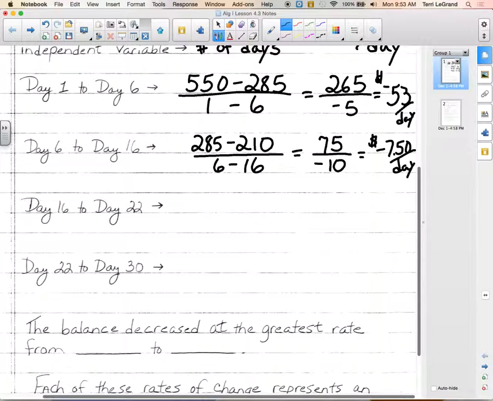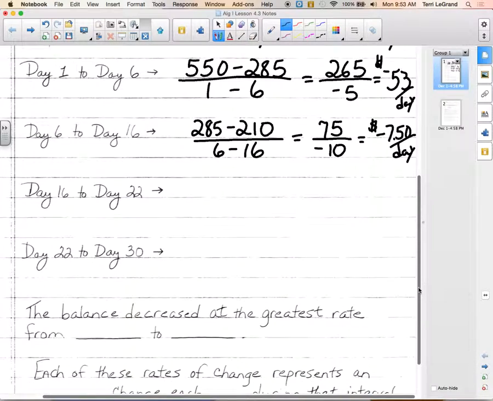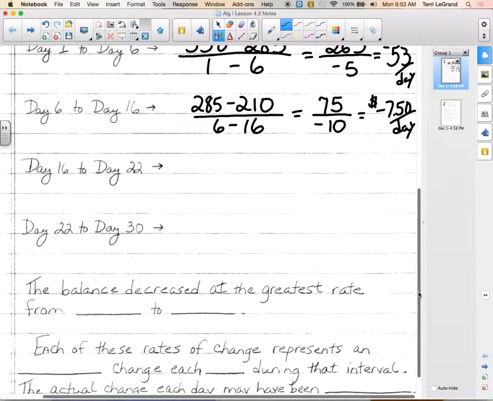Notice the intervals don't have to be the same length in time. We're just showing what happens over each interval, whether they're equal length or not. That does not matter. Okay, day 16 to day 22.